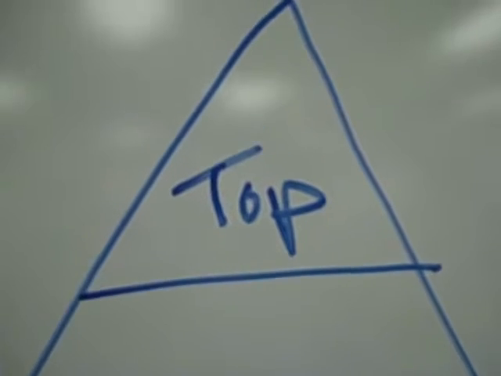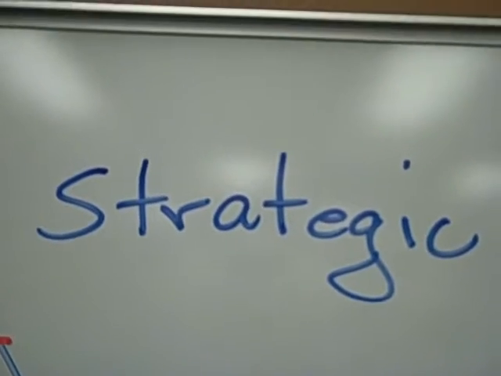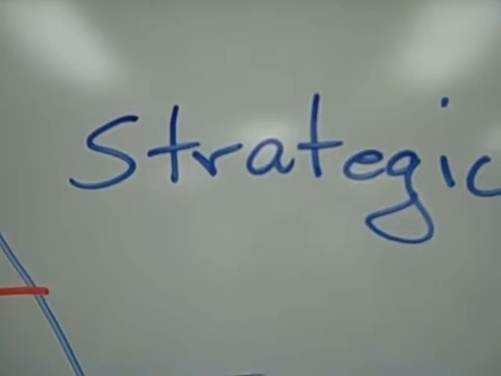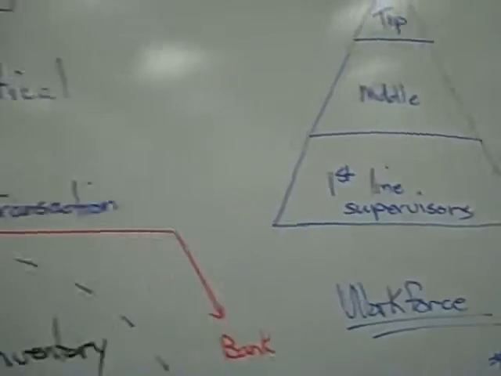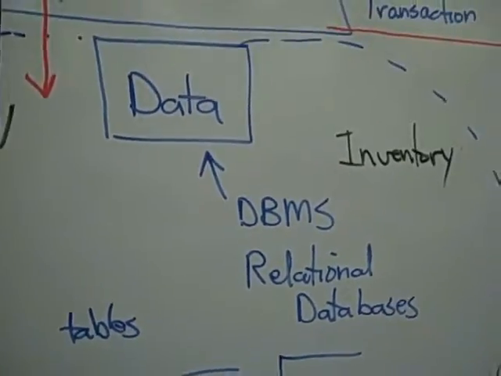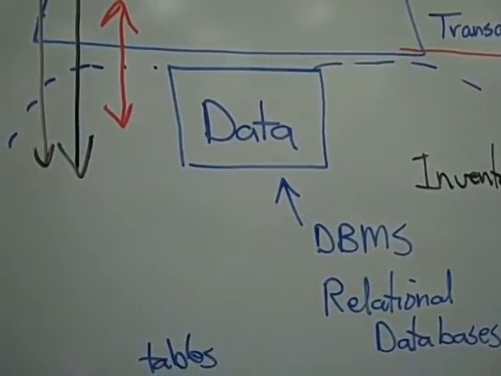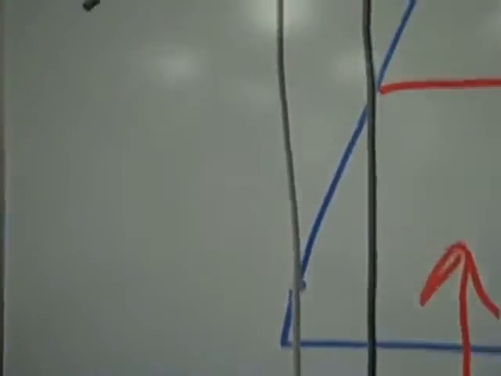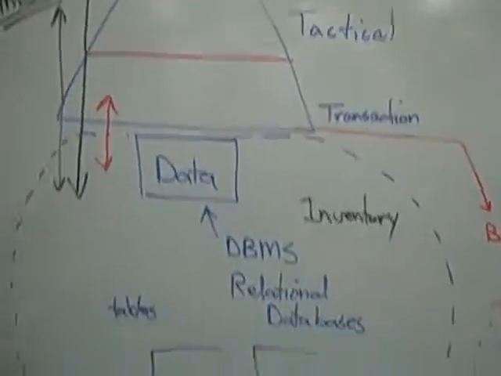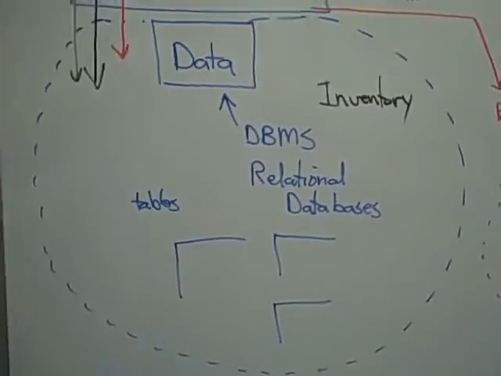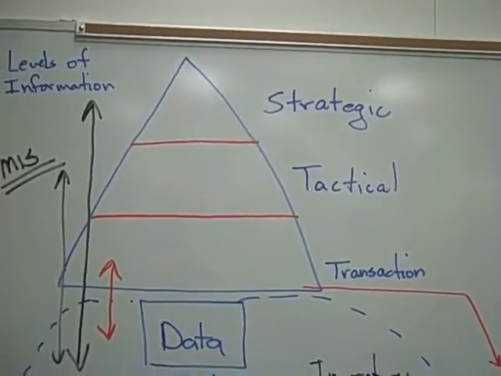And then we have top level management people, those that make strategic decisions in a business. Okay? And then how all that moves through, like what information goes to which level of managers, is done by a management information system. Or some people just call it an information system. We draw out of the data what we need.